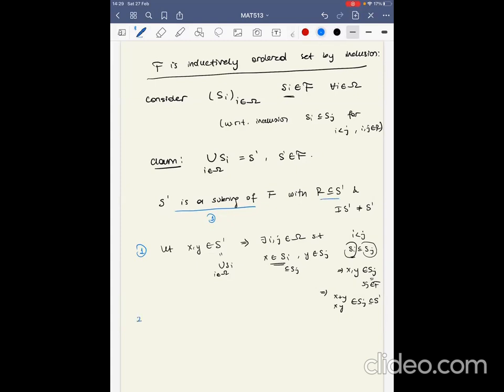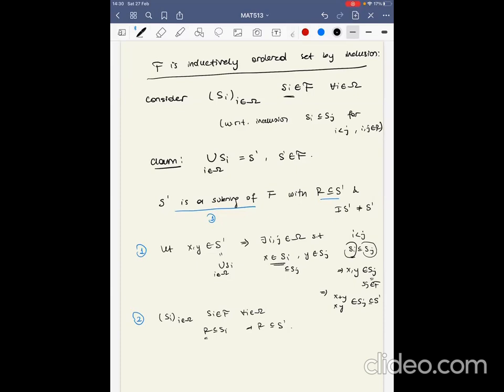And similarly, since we consider a chain in curly F, all of them contain the given ring R, so R is obviously a subset of S prime.